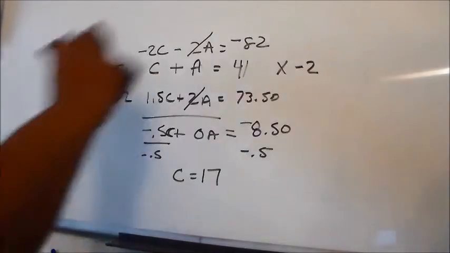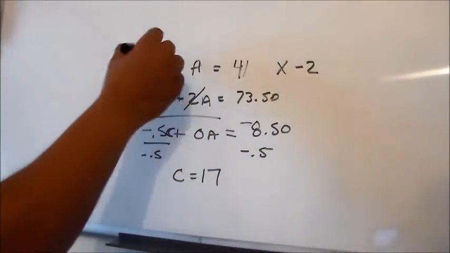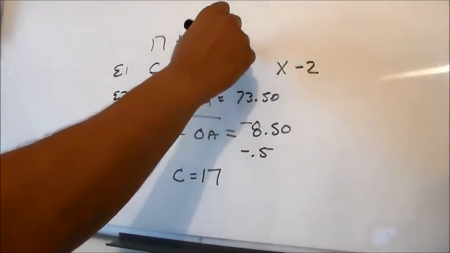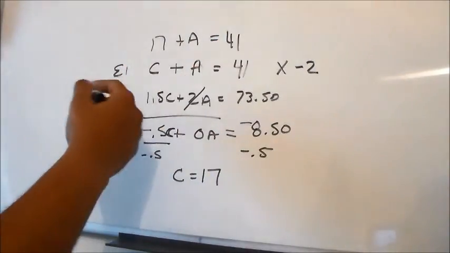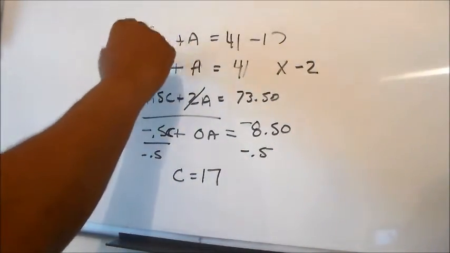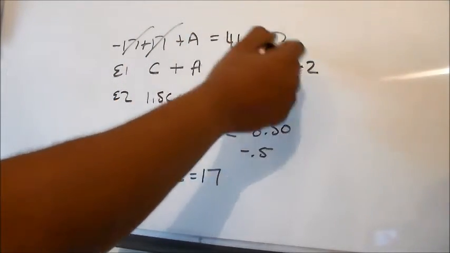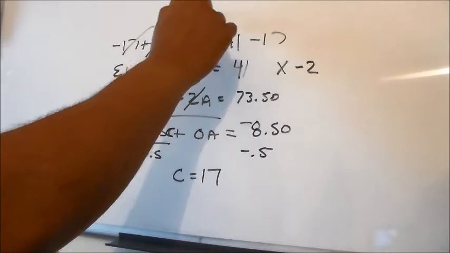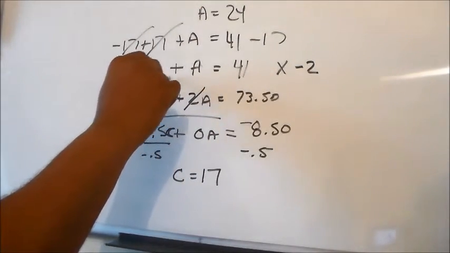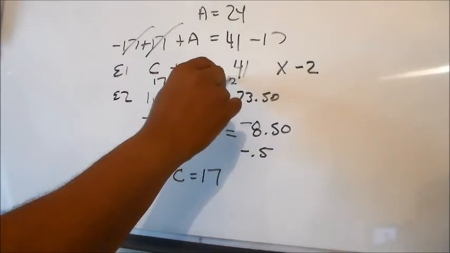Or we could do it the algebraic way by going back to equation 1, inserting 17 for C: 17 plus A equals 41. We subtract 17 from both sides, the positive and negative 17 cancel out, and 41 minus 17 means A equals 24. So 17 plus 24, to test it, does that equal 41?